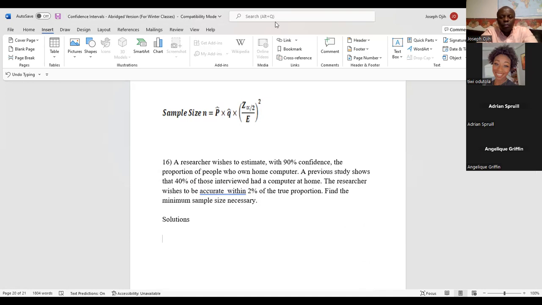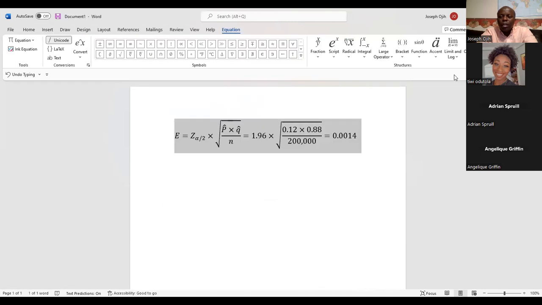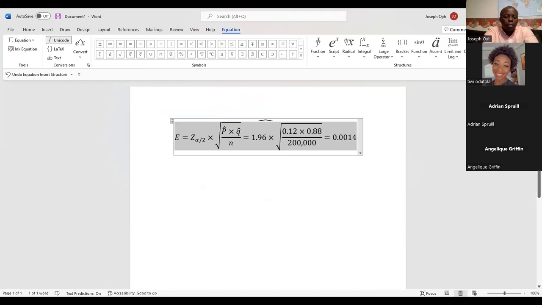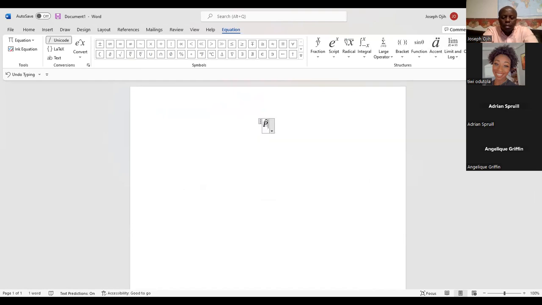P hat equals 40%, which is 0.04. So I'm going to copy it, take you to the main workbook and paste it there.